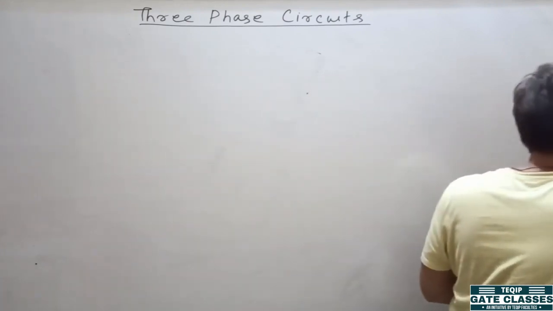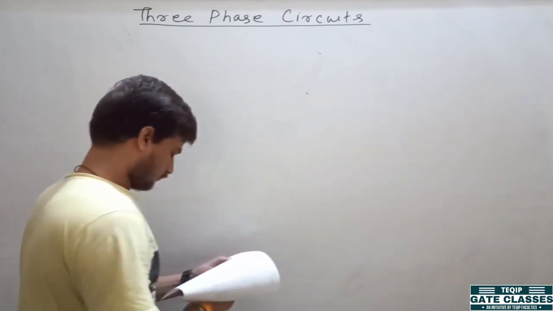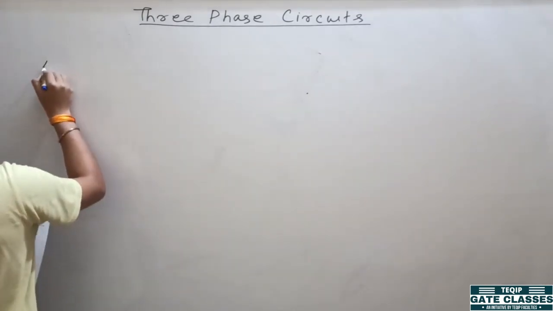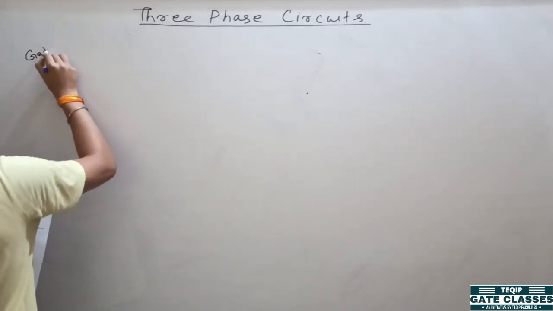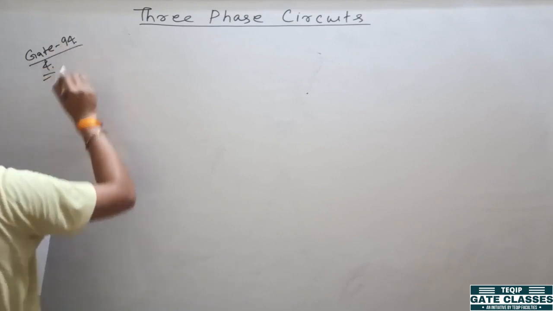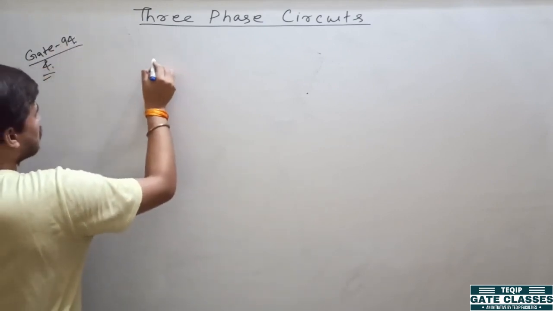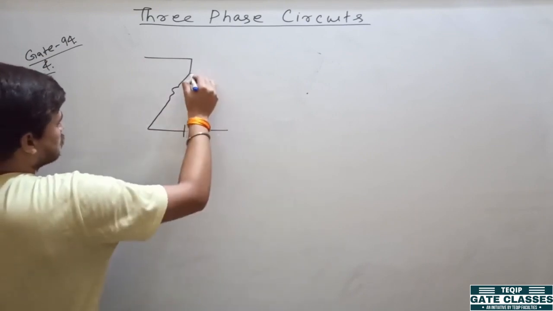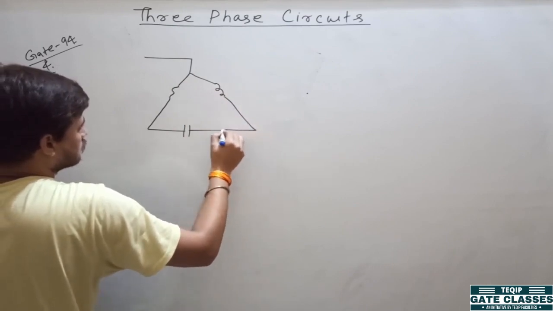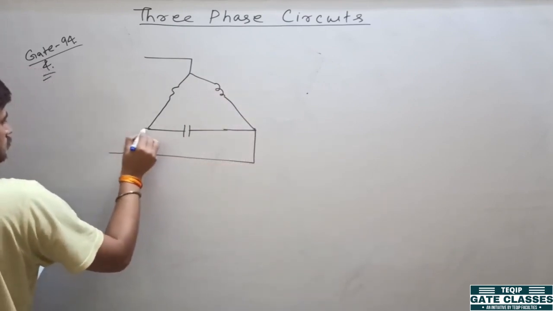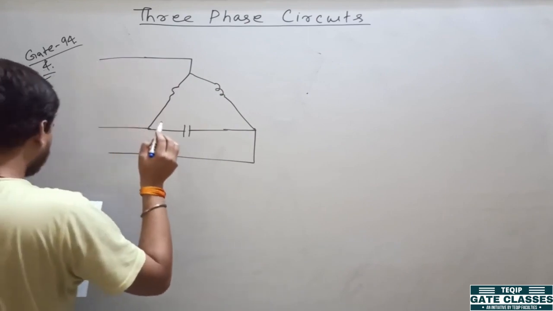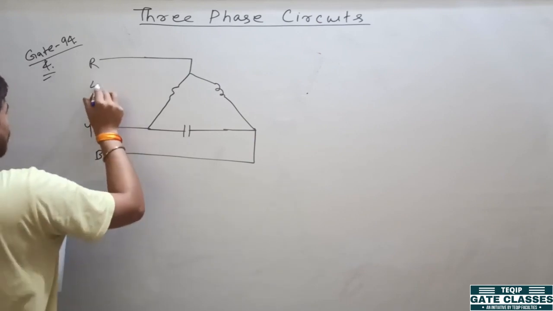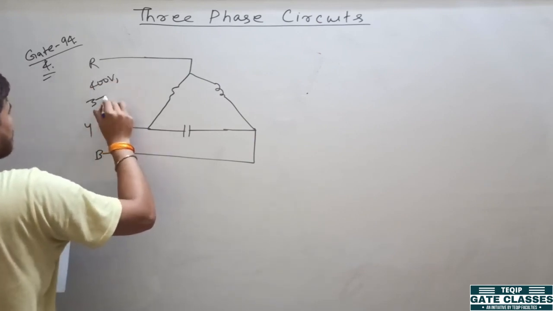Let us see another problem, asked in GATE 94. You are having a delta connected load across R, Y, B, 400 volt, 3-phase supply.